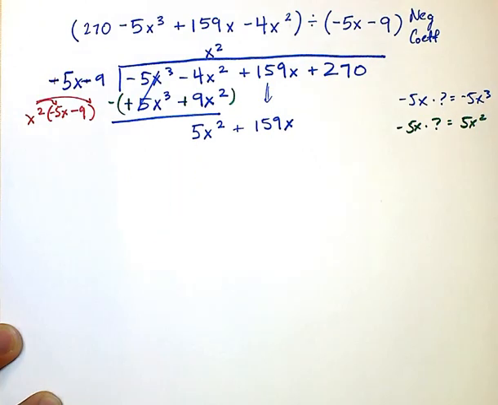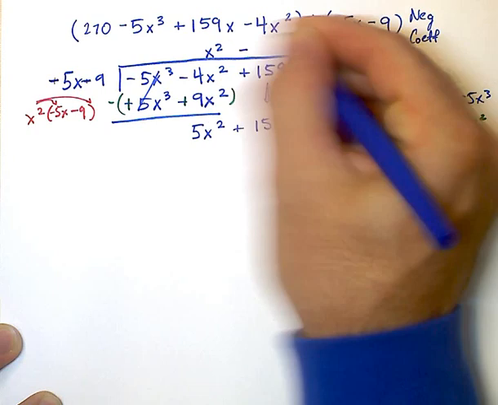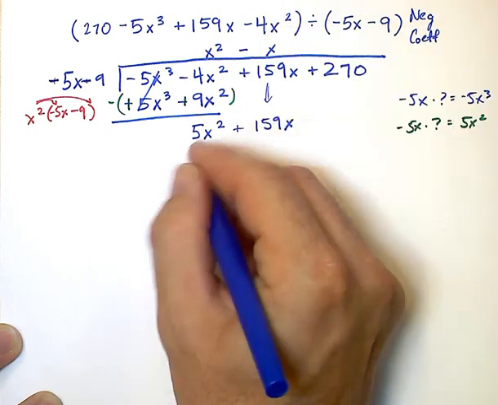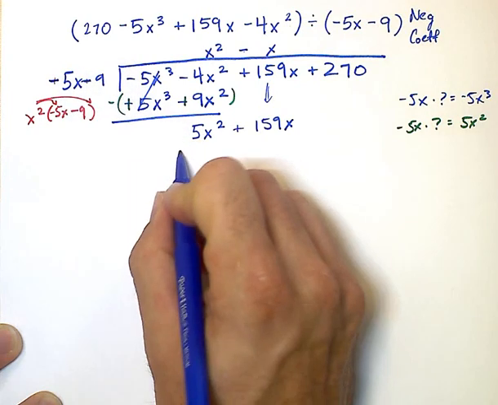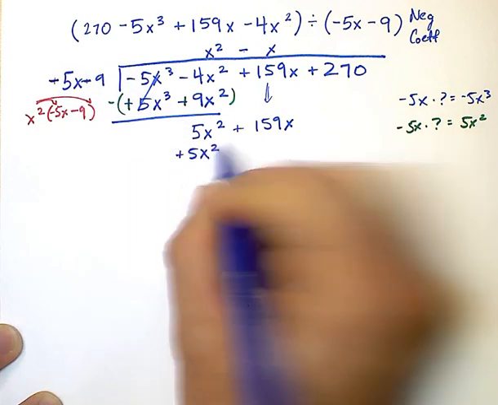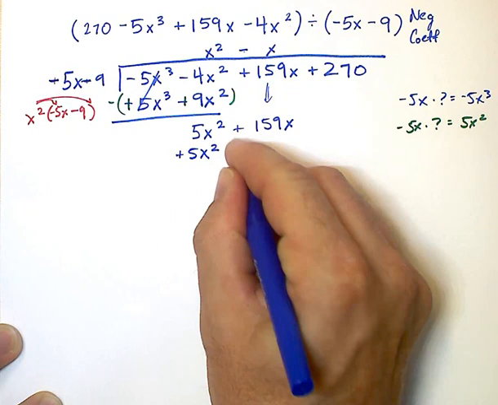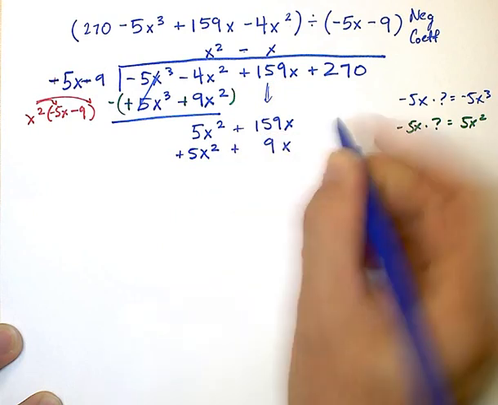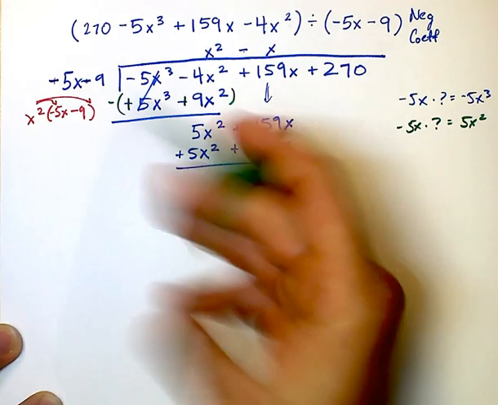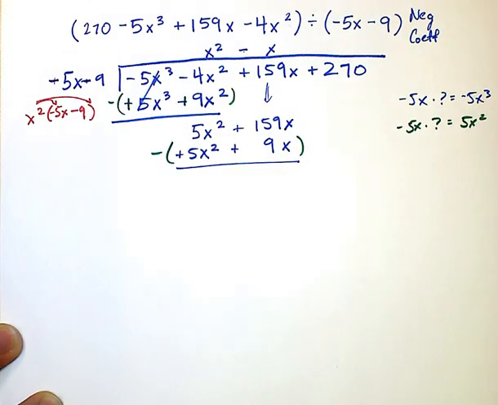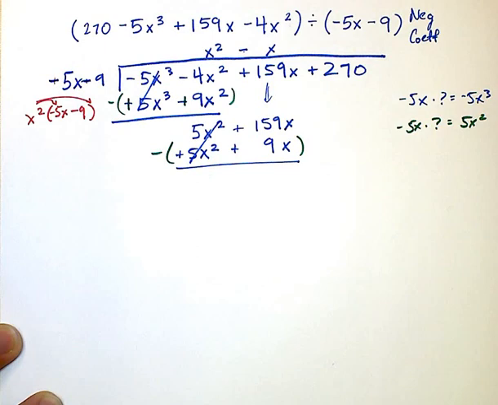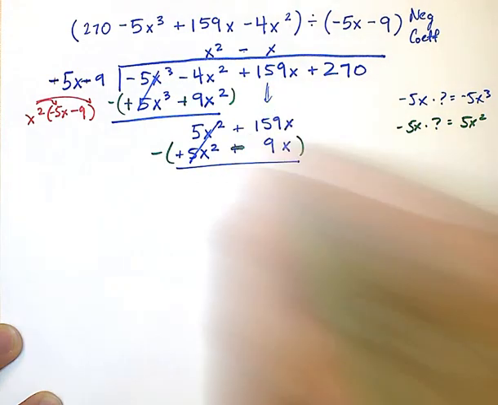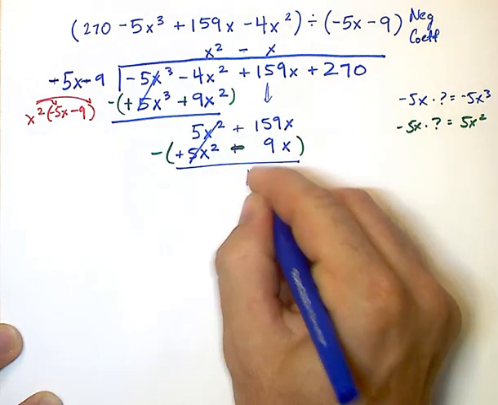So I'm actually going to do a negative x here, because the negative and the negative will give me a positive 5x squared plus a 9x. Again, sign changes. This becomes a negative 5x squared, this becomes a negative 9x, and I'm left with 150x plus 270.